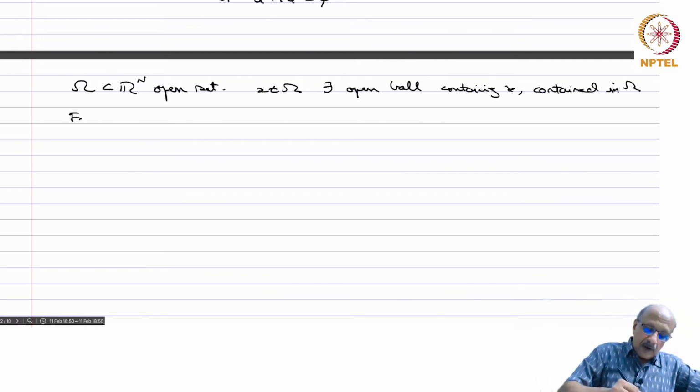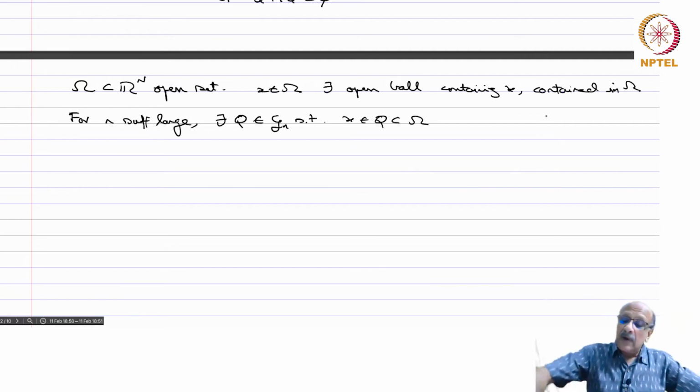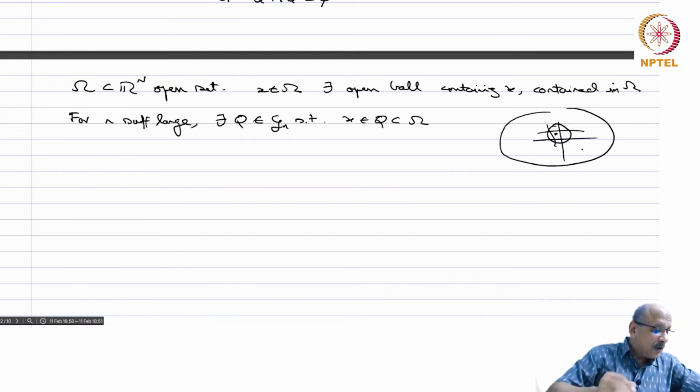Then for n sufficiently large, there exists a Q in G_n such that x belongs to Q contained in omega. Since the grid is sufficiently small when n is large, x must fall inside some such box, and therefore you will have a cube like this.